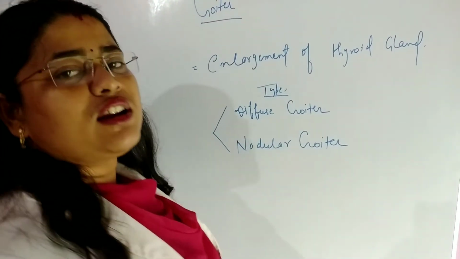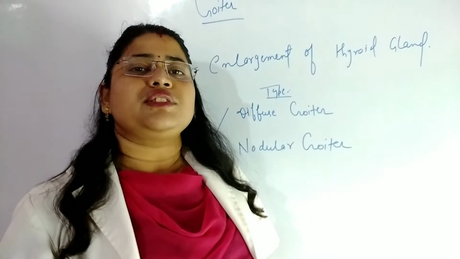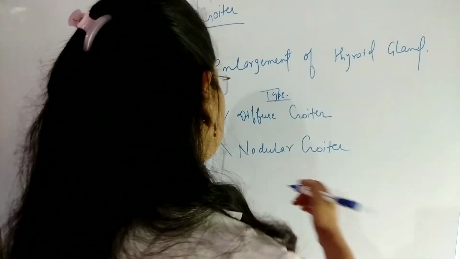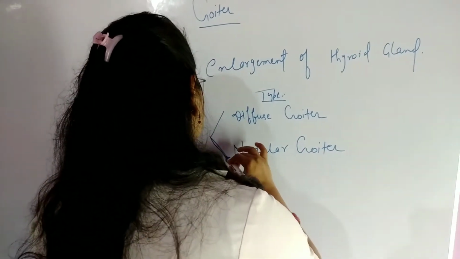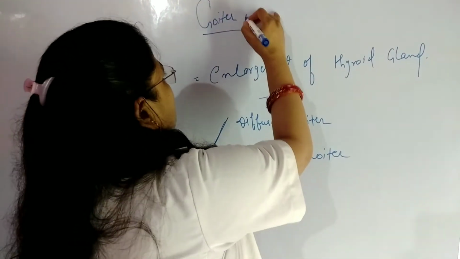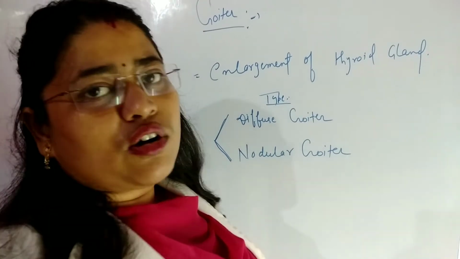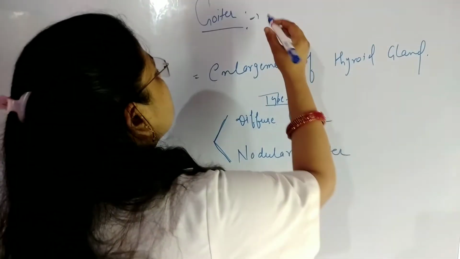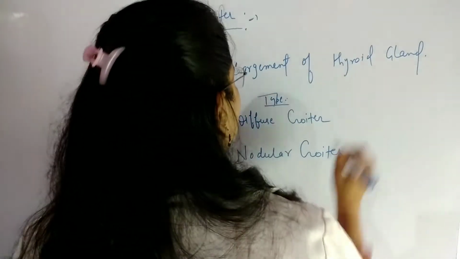Goiter is a clinical condition which is developed due to deficiency of thyroid hormones. So, enlargement of the thyroid gland.